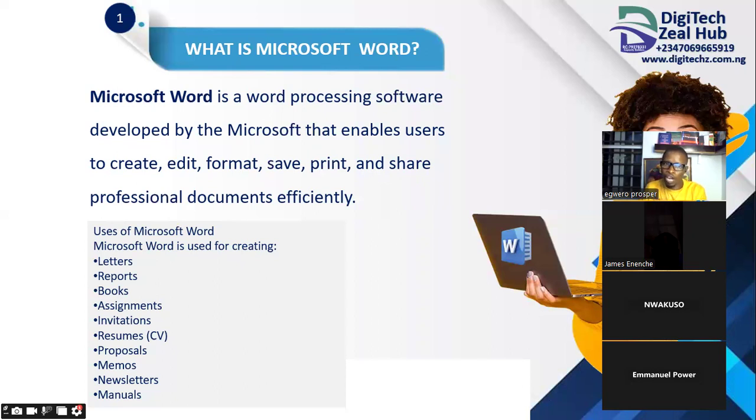So I said it is developed by Microsoft, that enables users, you and I, to create, edit, format, that is, to modify, to change, to save, to store electronically, to print, and to share professional documents efficiently.